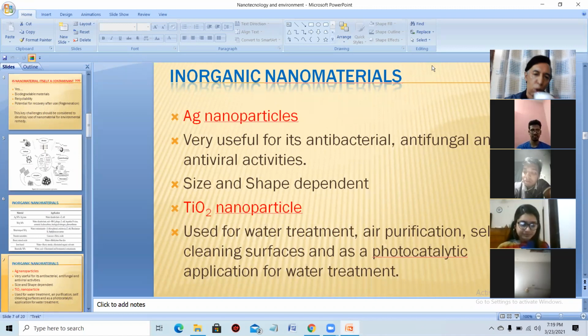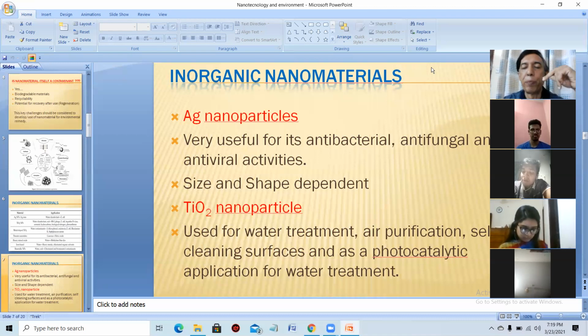If the size is greater than 10 nanometers, it is useful, but its activity decreases.